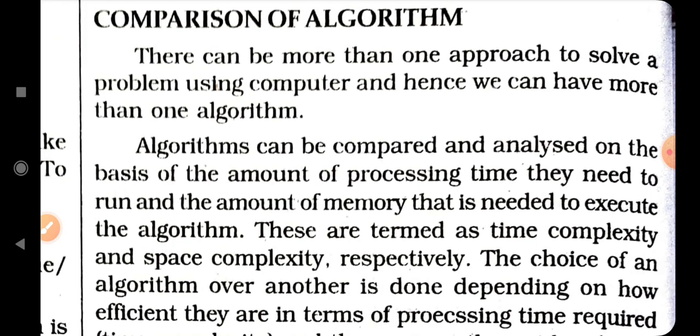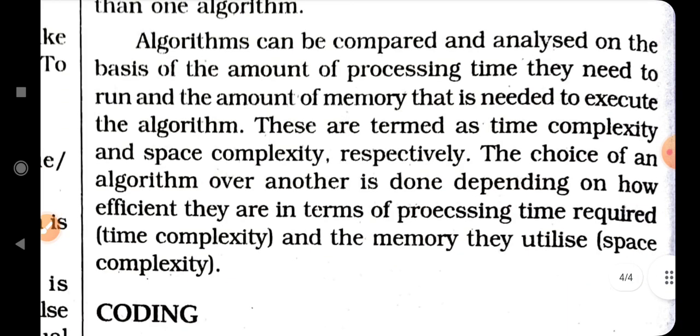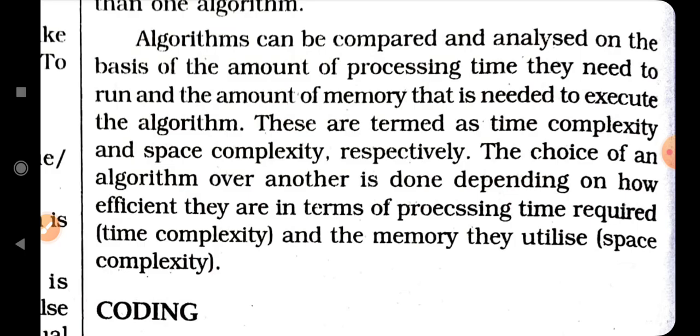Comparison of algorithms. There can be more than one approach to solve a problem using a computer, and hence we have more than one algorithm. Algorithms can be compared and analyzed on the basis of the amount of processing time they need to run, and the amount of memory needed to execute the algorithm.